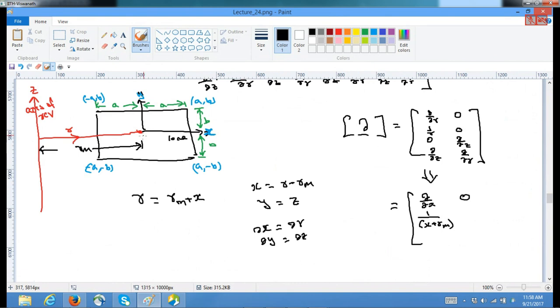Each element would have a different rm, depending upon where the element is sitting. So each element would have a different rm, and that would also come into the picture, while all the other things still remain as they are. So if you want to use this del operator in the local system, you can use it in this manner.